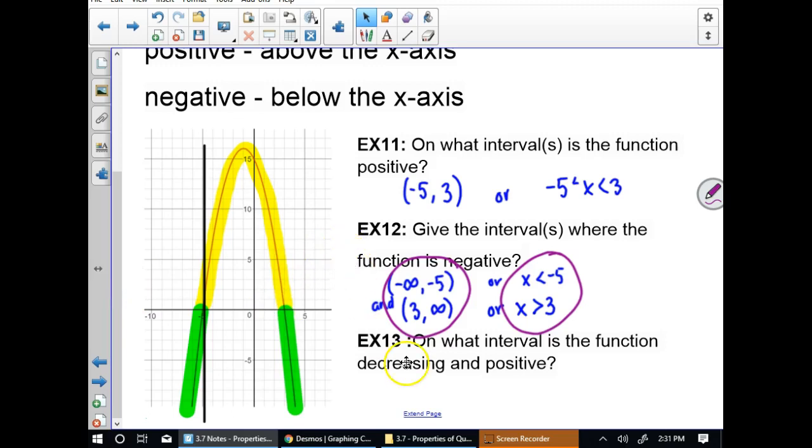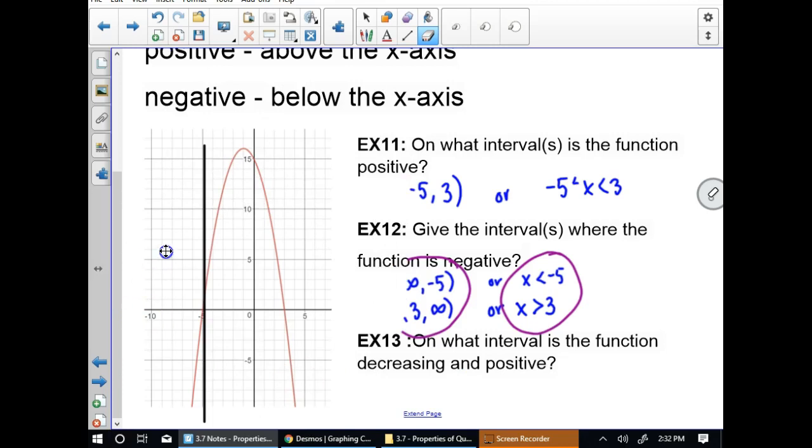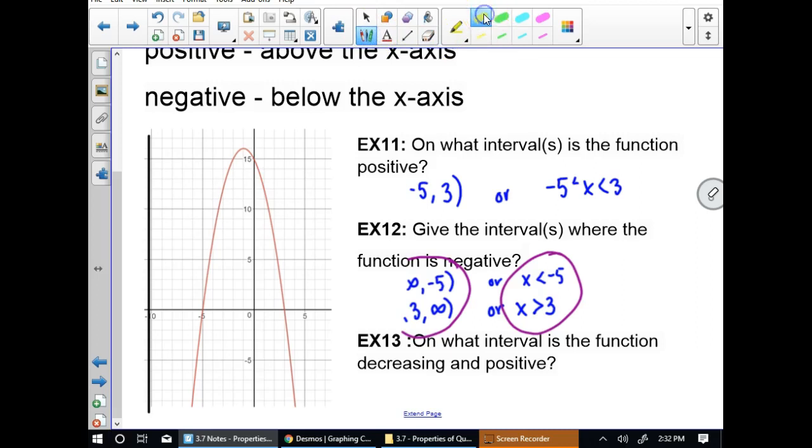And then we ask, for example 13, on what interval is the function decreasing and positive? So I'm going to erase the highlights that I have here. Let's just overlap what we've got here. The function is going to decrease here.